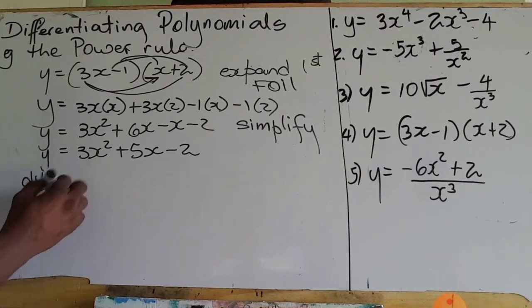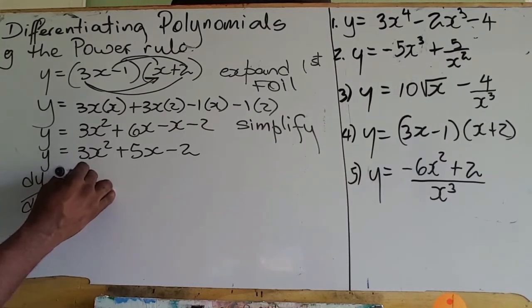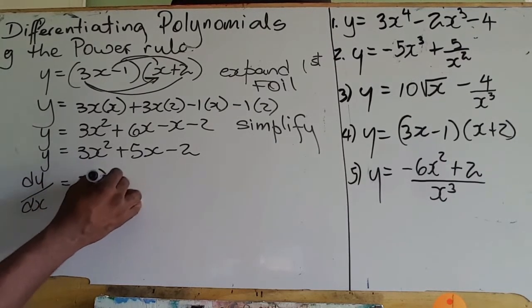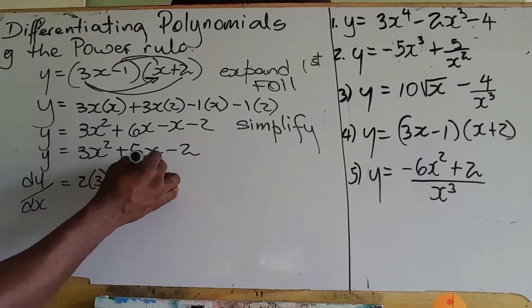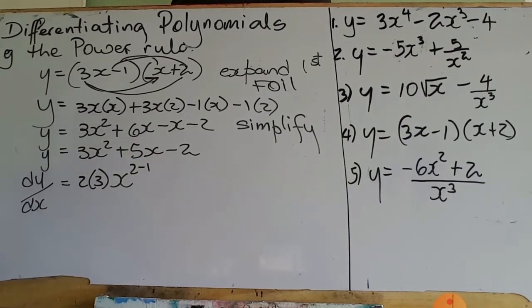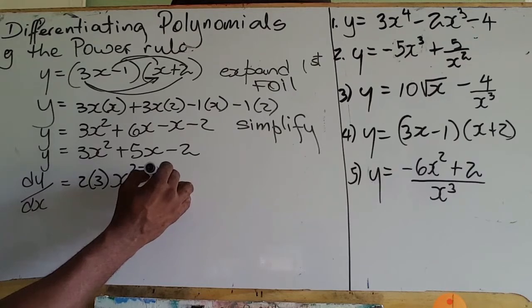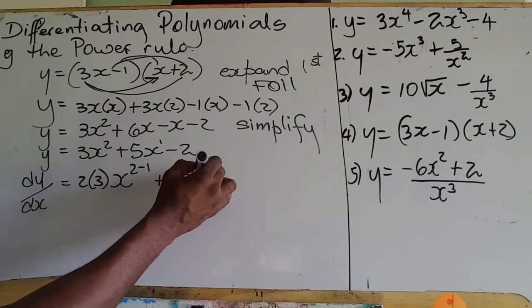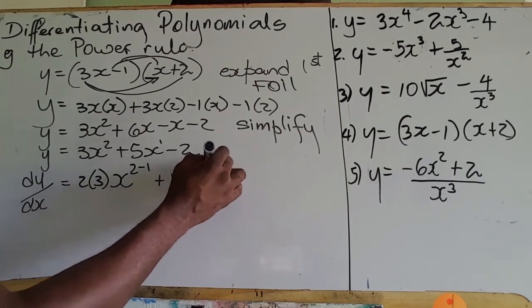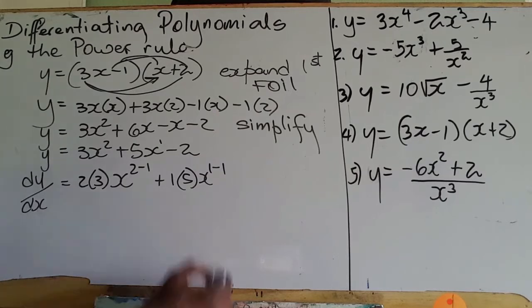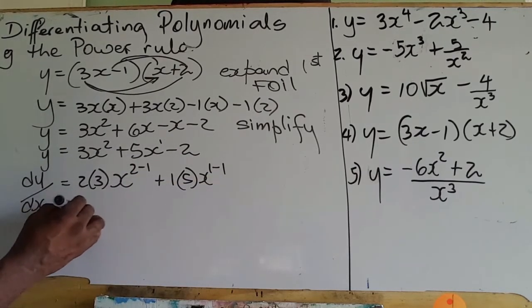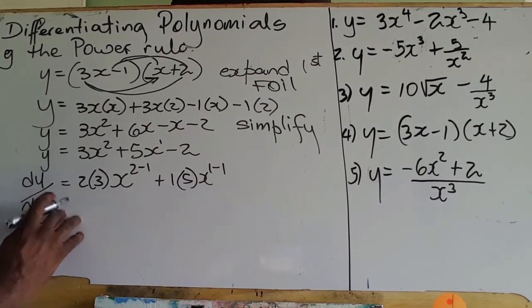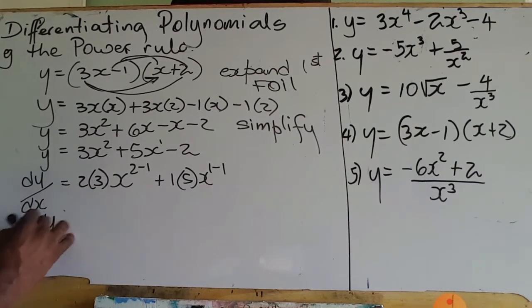So now we can apply the dy dx. 2 times the 3, x to the power of 2 minus 1, plus 5 times 1, and x to the 1 minus 1. And then x to the 1 minus 1 is basically x to the 0 power, which is 1, so we'll see that that's just 5.